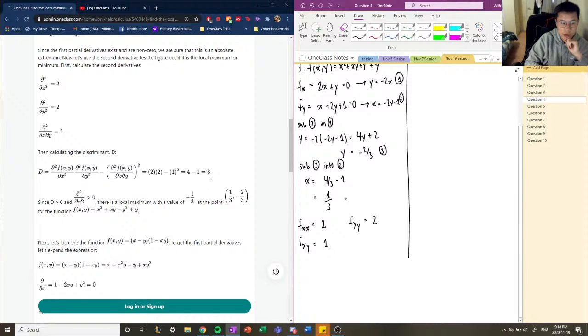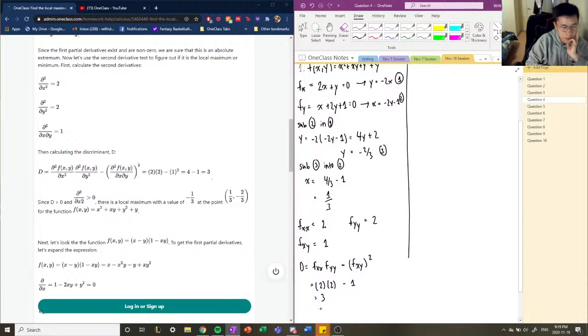But we need to classify it now, right? So we need to use our discriminant. So our discriminant is, to refresh, the double partial derivative of x times the double partial derivative of y minus the mixed partial derivative squared, I think. Okay, so this equals 2 times 2 minus 1, which equals 3.